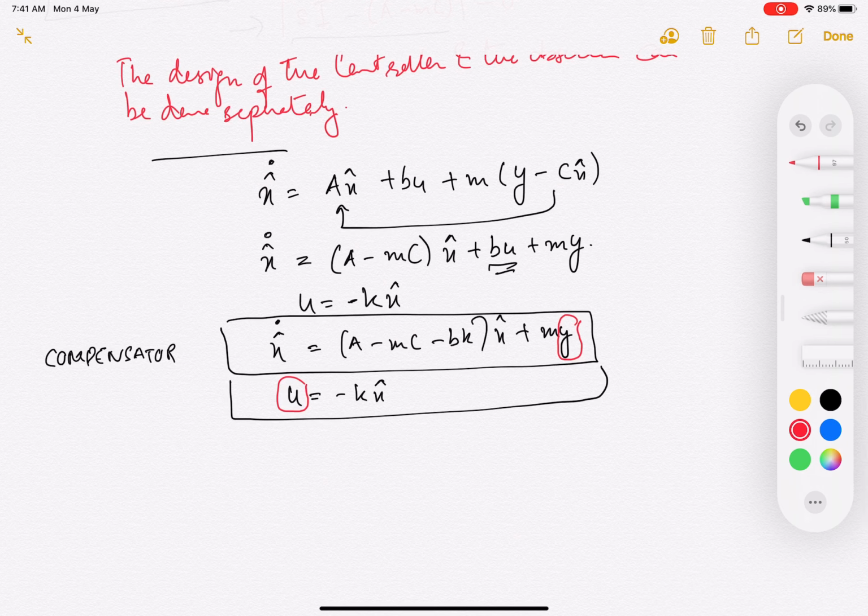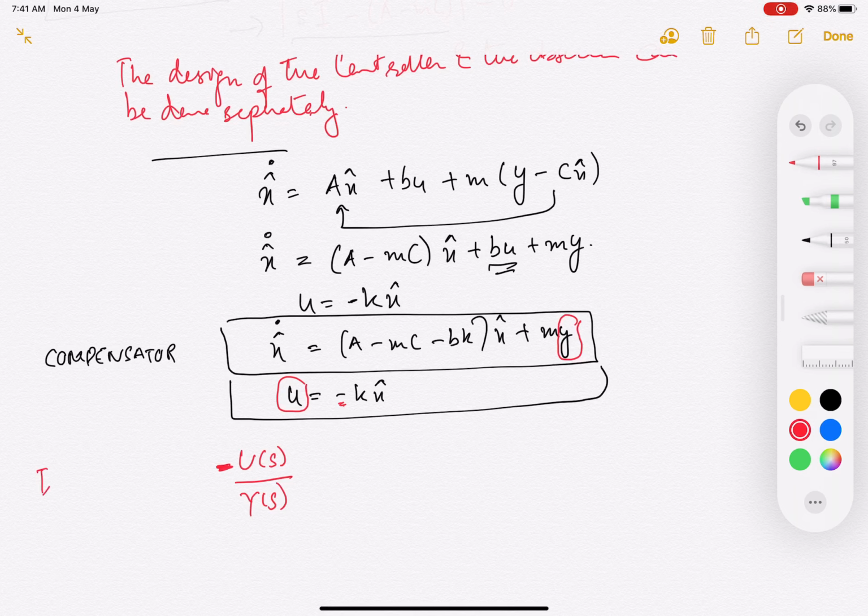You can also find the transfer function of the compensator from these two equations. So the transfer function, the output now is U(s) and the input is Y(s). I'm taking this minus sign here because there is a minus sign here, and I don't want a minus sign in the transfer function.